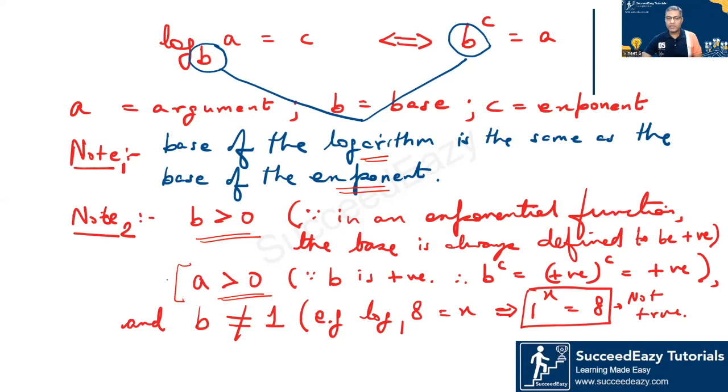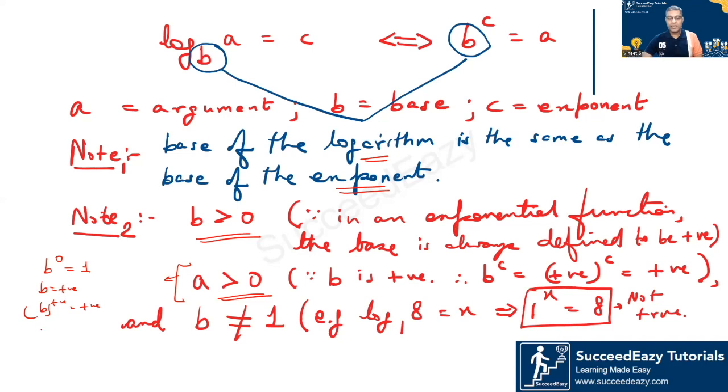Let me elucidate this a little bit. Let's say the base is b, as we have already taken the base as b. What I mean is that b to the power 0 is equal to 1. If b is positive, then you raise b to a positive number, you are going to end up with positive, obviously.